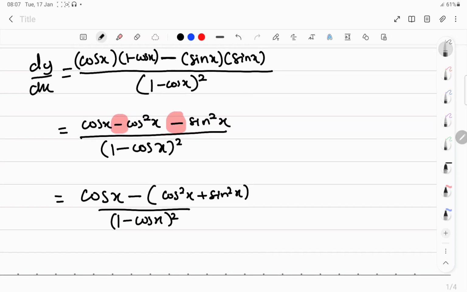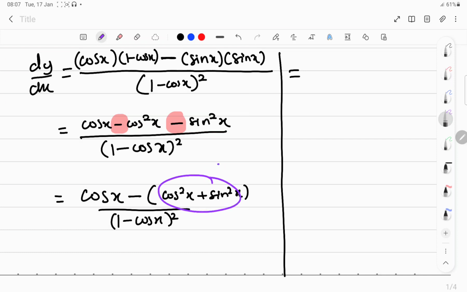Okay, and then it doesn't fit, so I do it over here. Cosine minus cosine. And this one, if I'm not mistaken, by using the identity equals to 1. So what we have here, next line, cos x minus 1 over (1 minus cos x) squared. I think we can cancel.